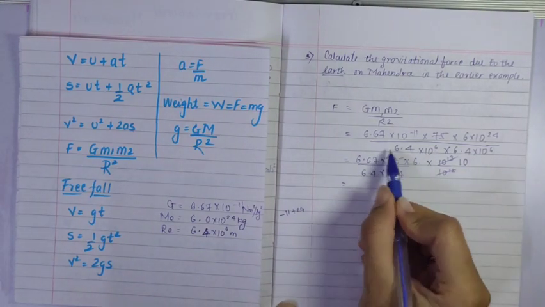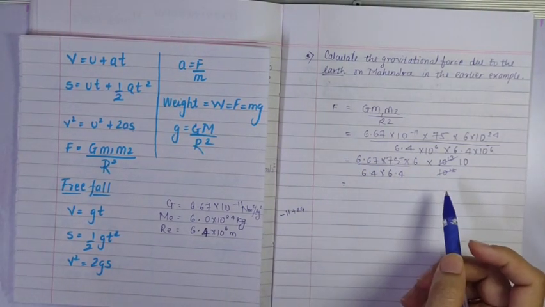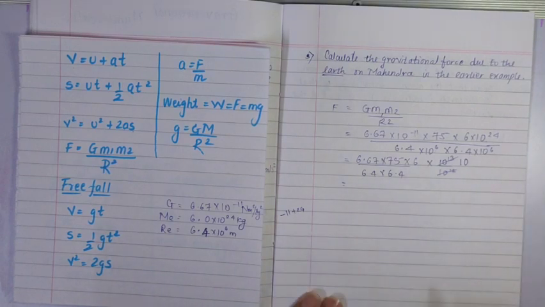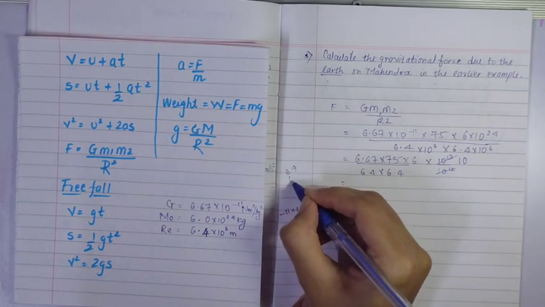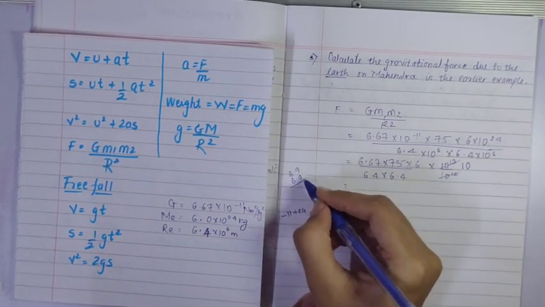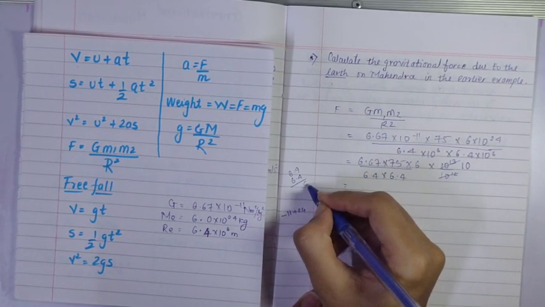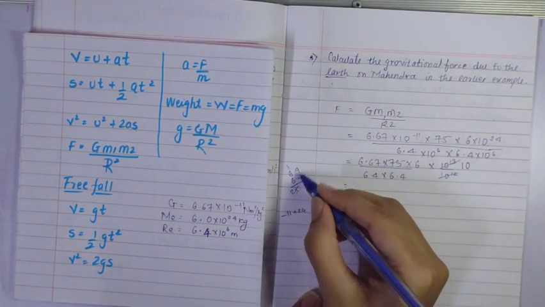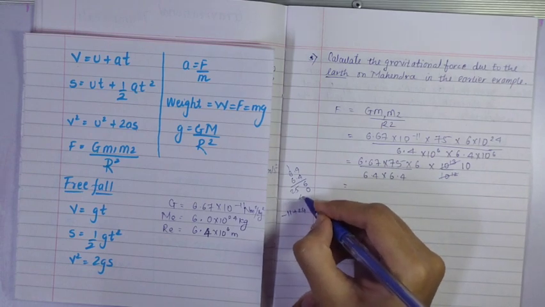Now we need to calculate this part. So let's do that. So first we'll calculate 6.4 into 6.4. What is it? 6.4 into 6.4. So 4 4s are 16, 1, 24, 25, 0. Again 6 4s are 24.